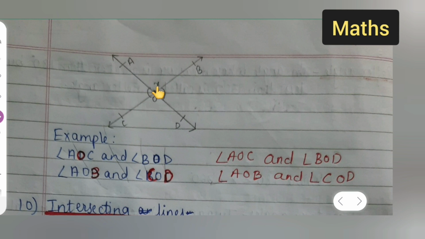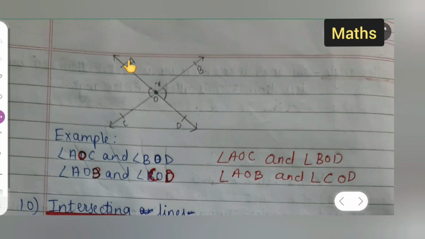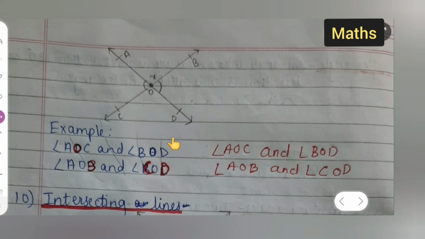Here, angle AOC and angle BOD are vertically opposite angles. Next, angle AOB and angle COD. So here I have given you all the example of it.